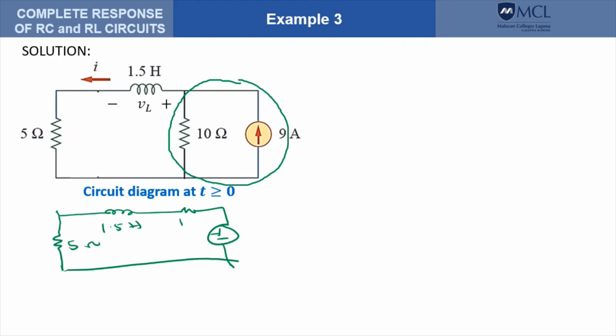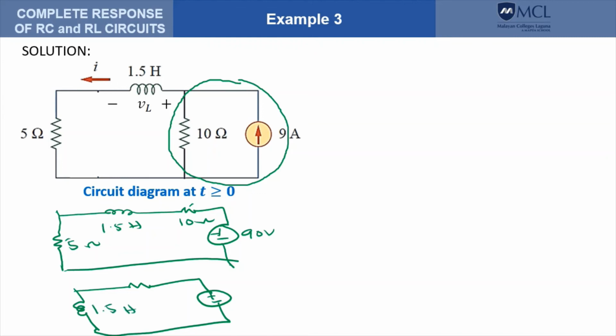So here it should be 10 ohms, while this one should be 90 volts. We can combine 10 and 5, and that should give us a circuit that looks like this, which is now a pure series RL.